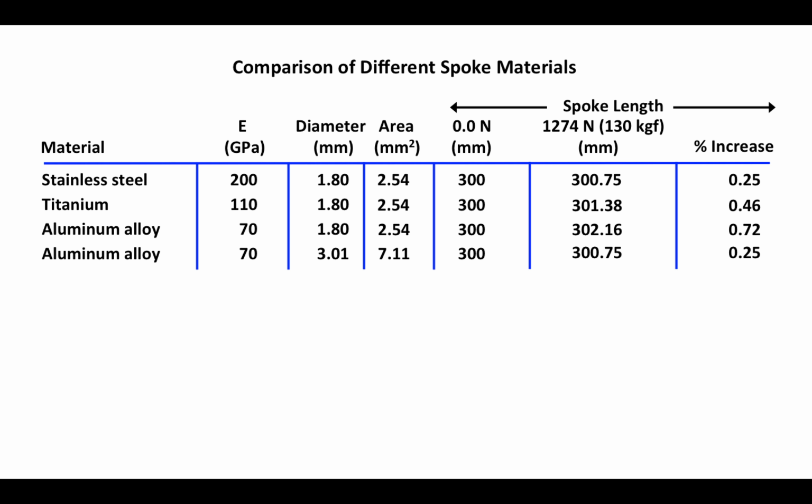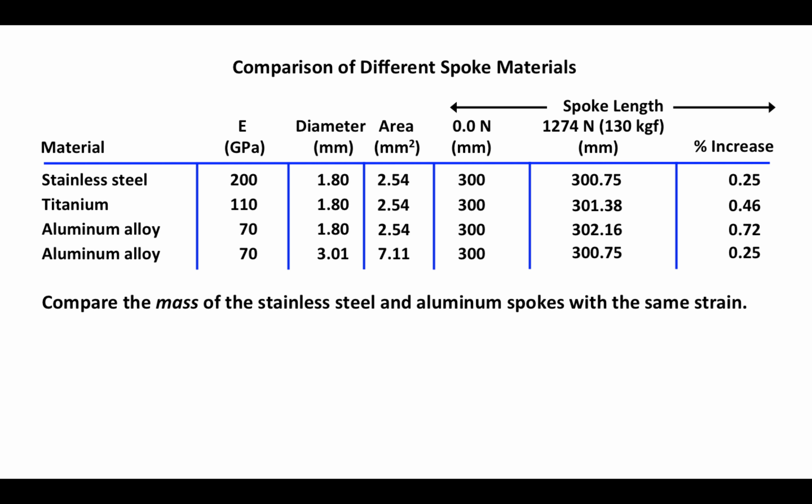And let's just finish up this comparison by comparing the mass of the stainless steel and aluminum spokes with the same strain. My comparison is going to be stainless steel with a 0.25% increase and aluminum alloy with a 0.25% increase, and comparing these two cross-sectional areas.